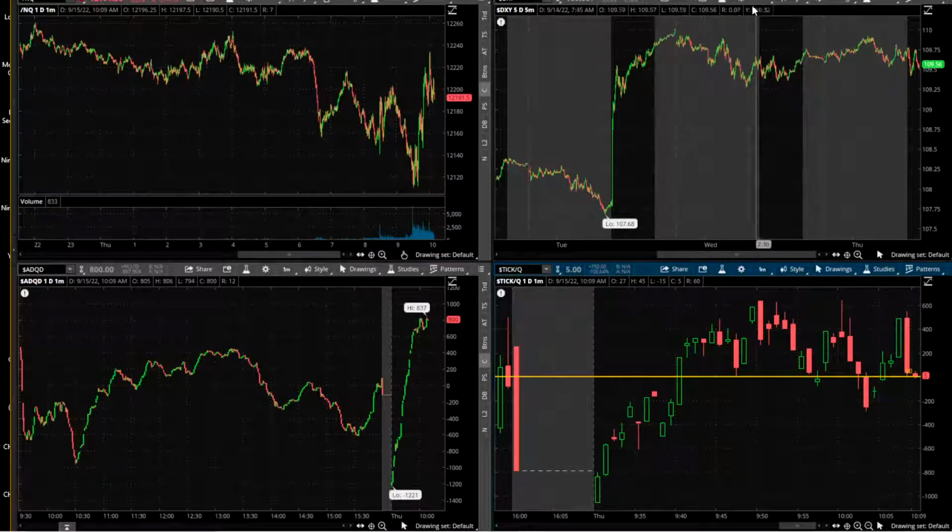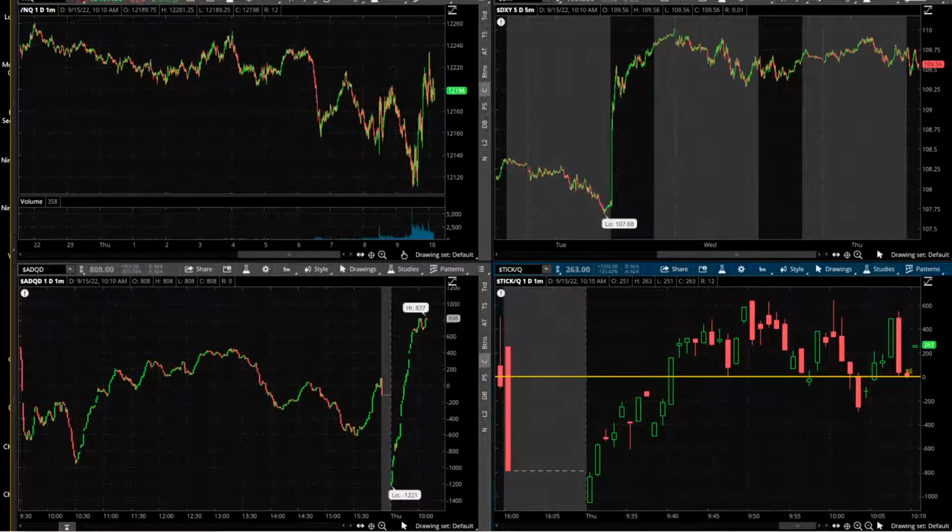So I want to play back this and see if we went through the low on the tick chart. So it's 1011. All right, so there you go. Here is our signal.